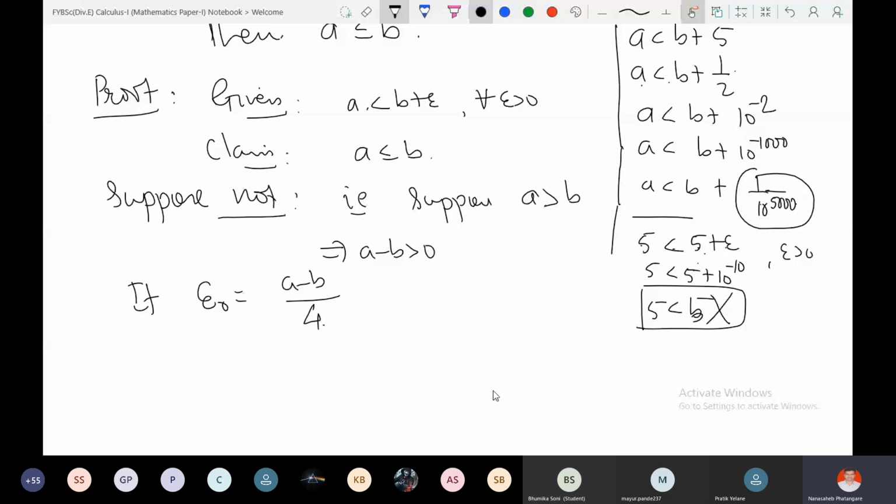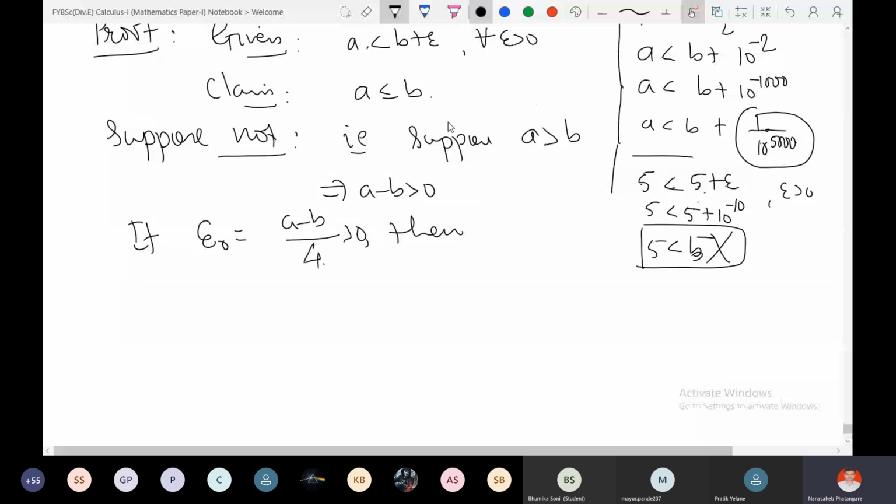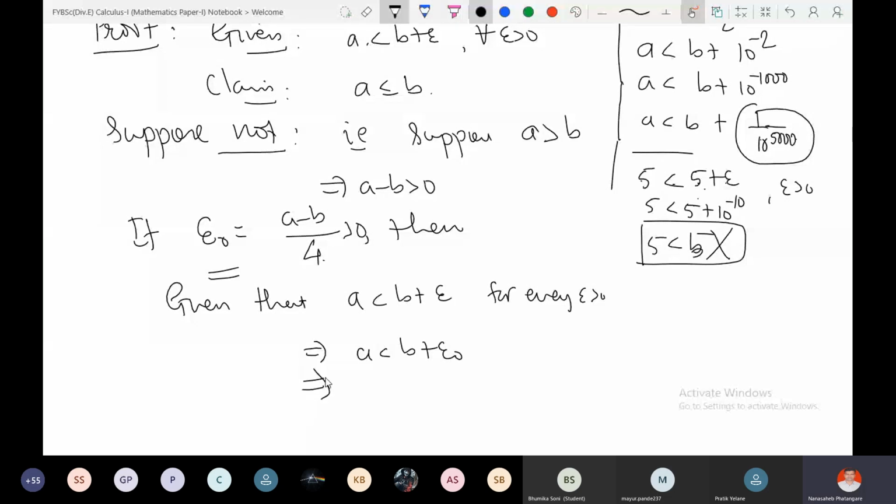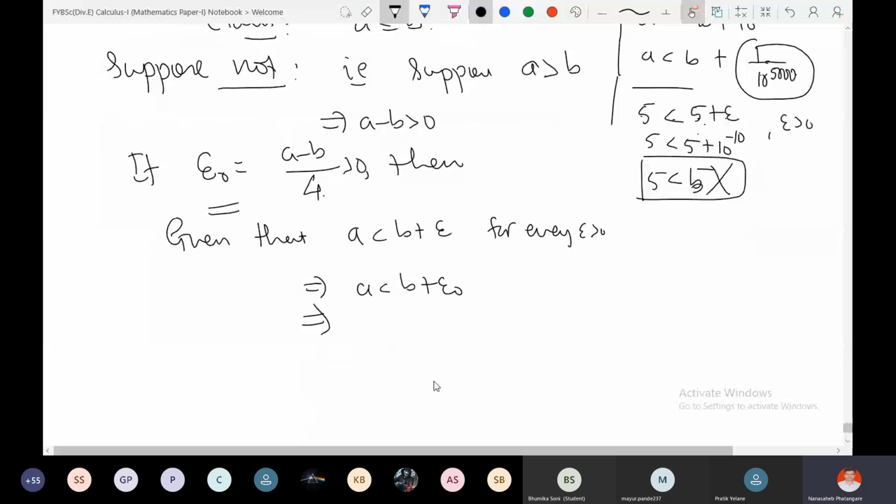But what is given? A is less than B plus epsilon, whatever epsilon you select. So given that A is less than B plus epsilon for every epsilon, and therefore A is less than B plus epsilon naught also, because this is also a positive number. So no matter what epsilon you select, every time this inequality holds.